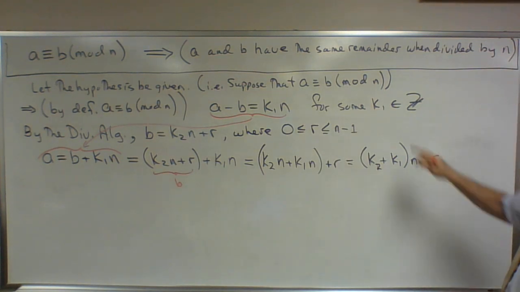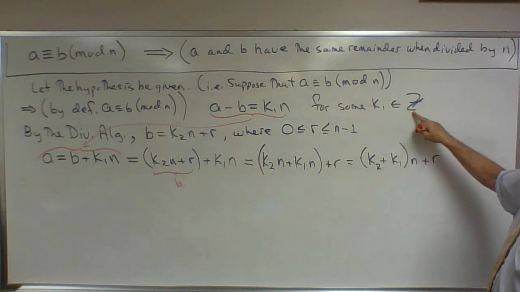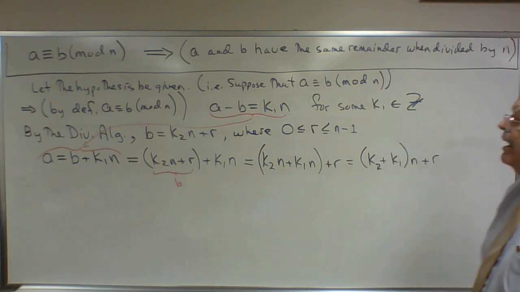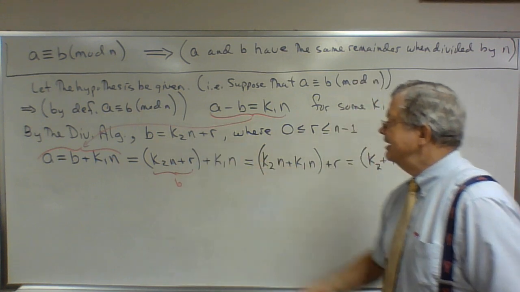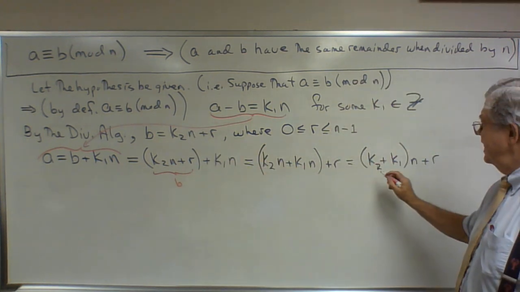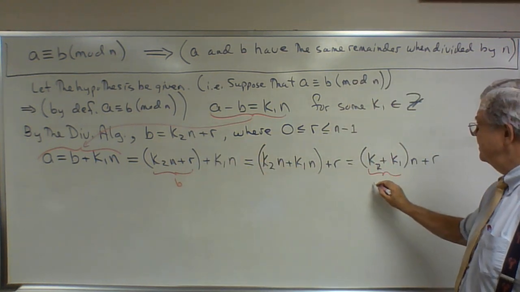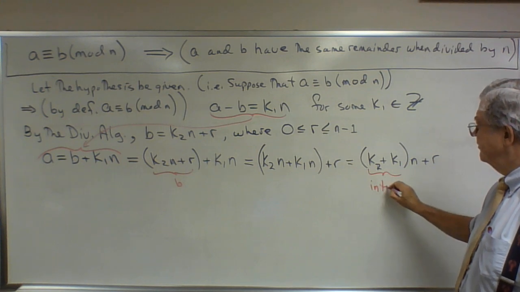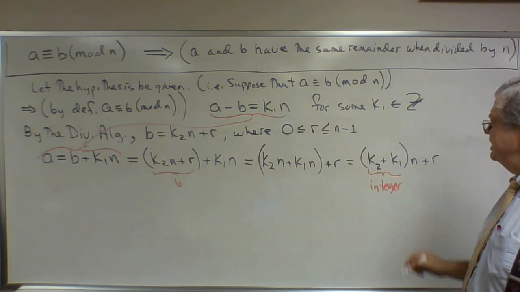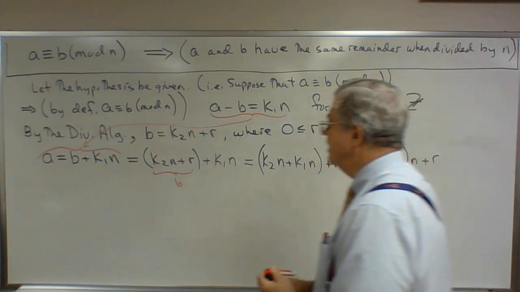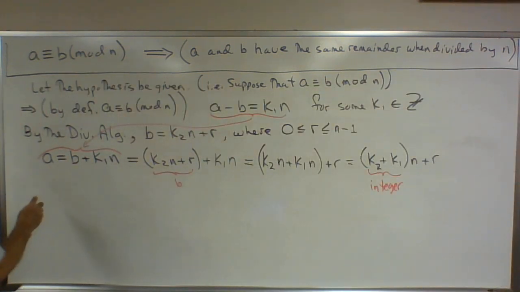Now remember, K1 is an integer. K2 is an integer. So K1 plus K2 is going to be an integer. So what have we established?